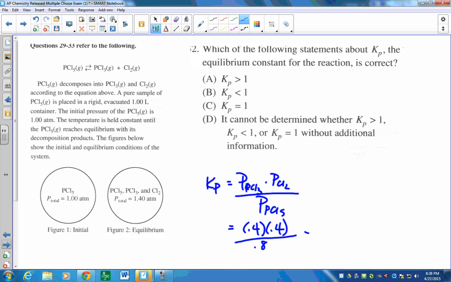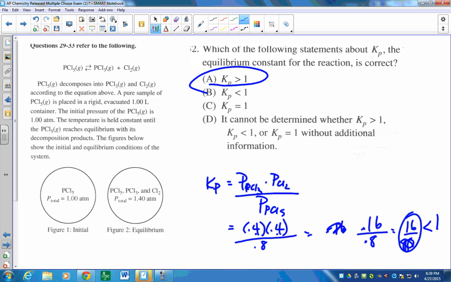And so this is 0.16, sorry, 4 times 4 is 16, and then I go to 0.16 over 0.8. If I multiply this by, let's say 100, so it makes sense, 16 over 80, you can see obviously 16 over 80, Kp is less than 1. And so I think the answer is A.